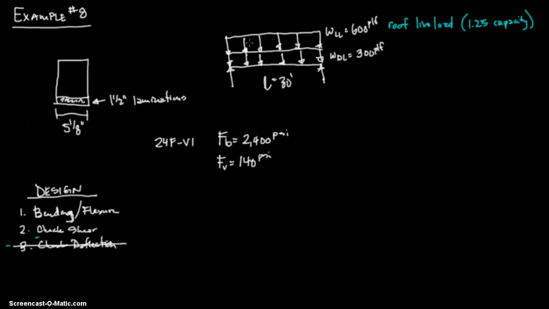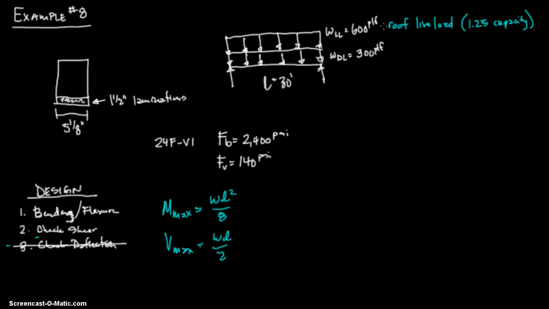But we see this is an equally distributed load, and when we have those, we know max moment equals WL squared over 8, and max shear equals WL over 2. You can look that up in your steel book, or other analysis books. You could also do shear and moment diagrams to prove that to yourself.